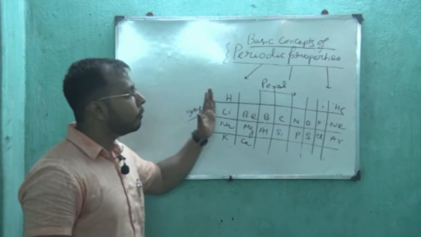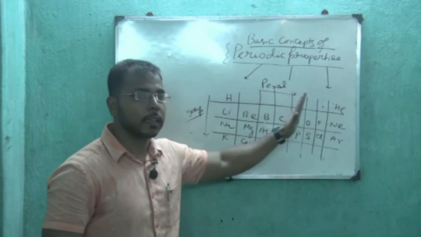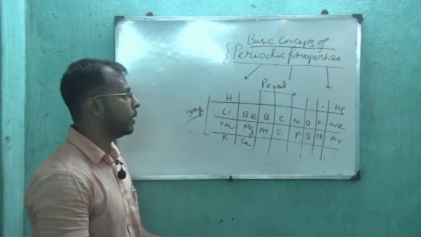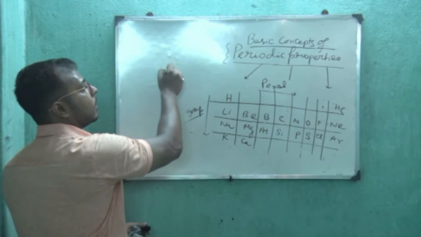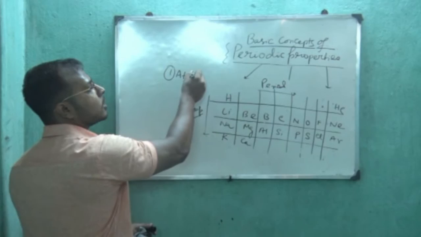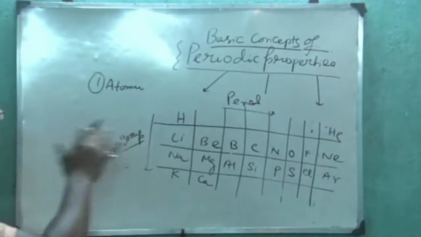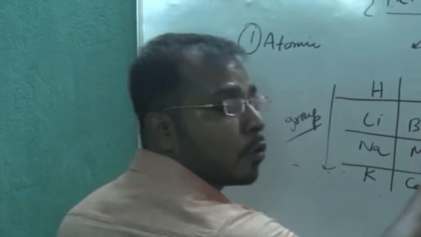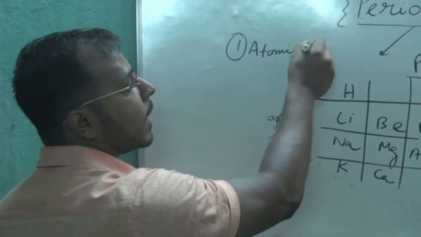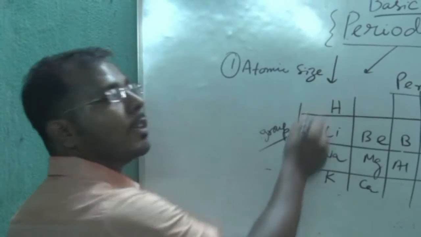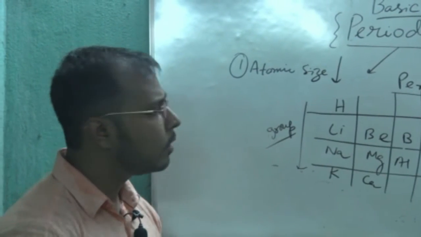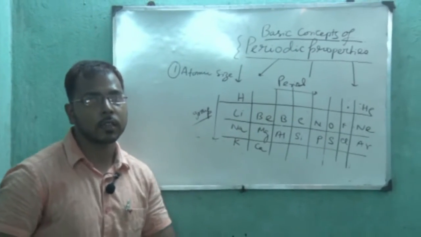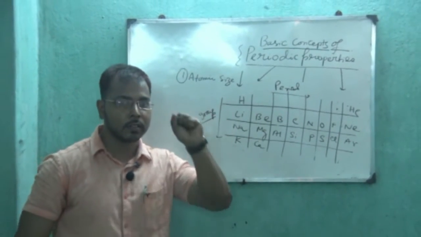Okay, so if we move along a period from left to right, what factors are to be observed? You need to memorize, because in the book it is written in an illustrative way, so you need to follow these tricks. If we move along a period from left to right, then atomic size decreases. Why? Because the number of electrons increases, that means effective nuclear charge increases, so atomic size decreases.